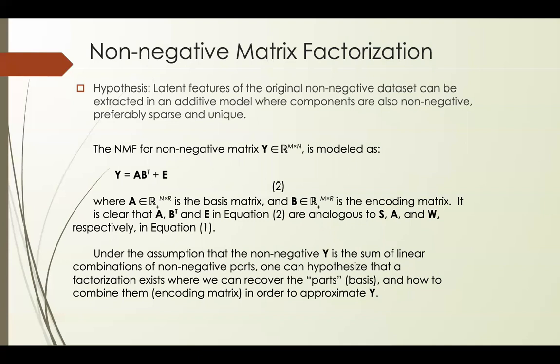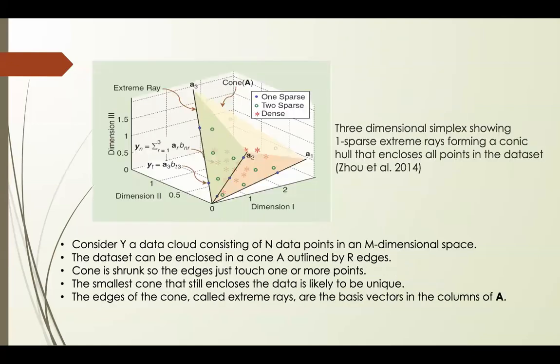It is clear that A, B transpose, and E in equation 2 are analogous to S, A, and W respectively in equation 1. Under the assumption that the non-negative Y is the sum of linear combinations of non-negative parts, one can hypothesize that a factorization exists where we can recover the parts or the bases and how to combine them in an encoding matrix in order to approximate Y.